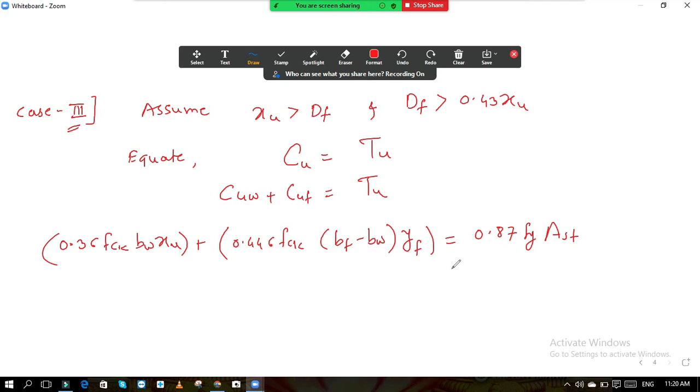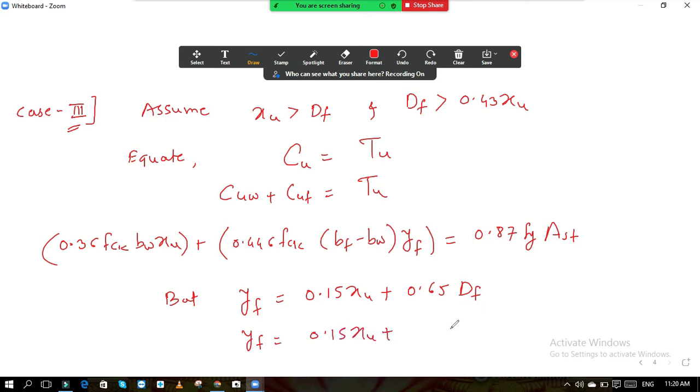But now, what is YF? What is the formula for YF? It is 0.15 XU plus 0.65 DF. This is the formula for YF. So YF is equal to 0.15 XU, which will remain as it is because we don't know the value of XU.